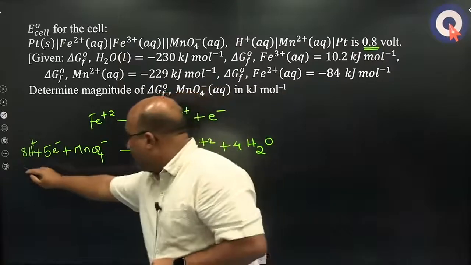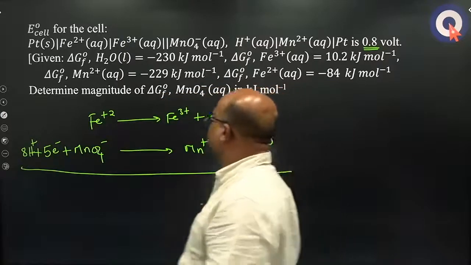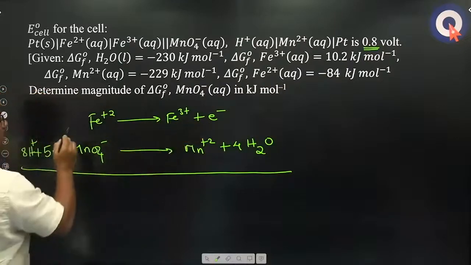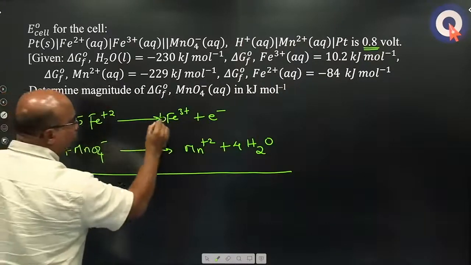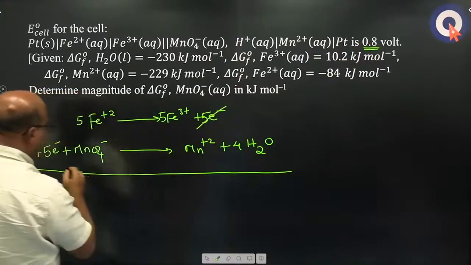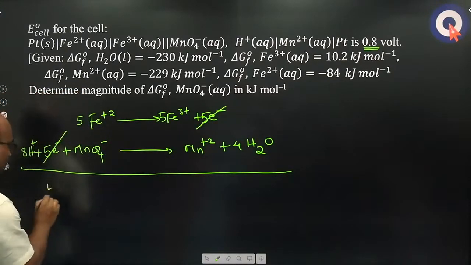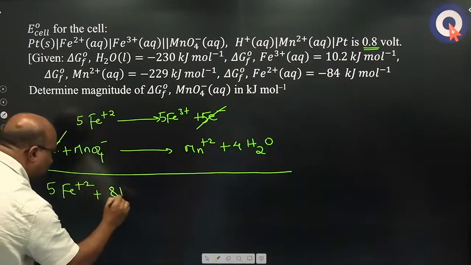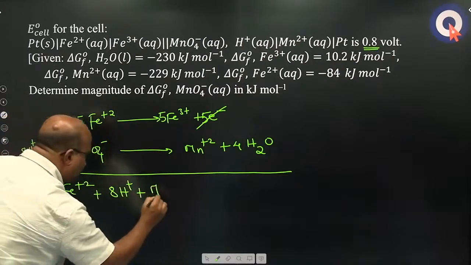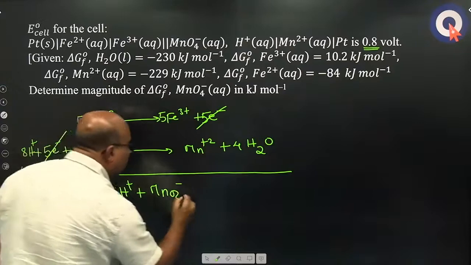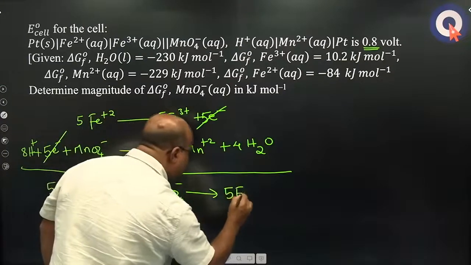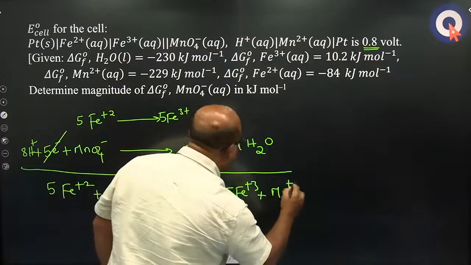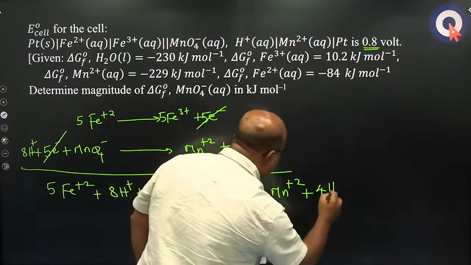So what is the actual overall reaction now? It has to be 5 electrons here, 1 electron here, multiplied with 5. So this 5 cancels. So this is 5 Fe+2 plus 8H+ plus MnO4- converting into 5 Fe+3 plus Mn+2 plus 4H2O.